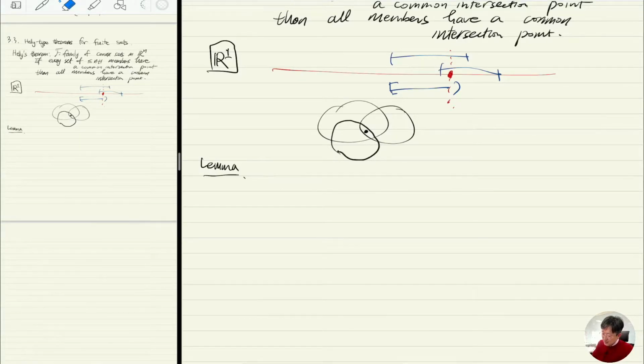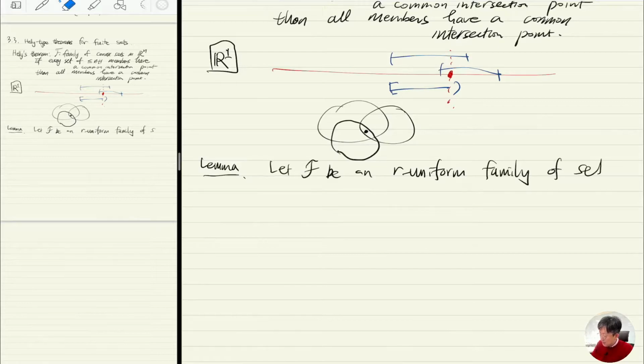So let's say F is an r-uniform family of sets.